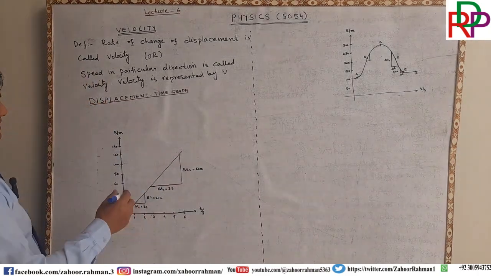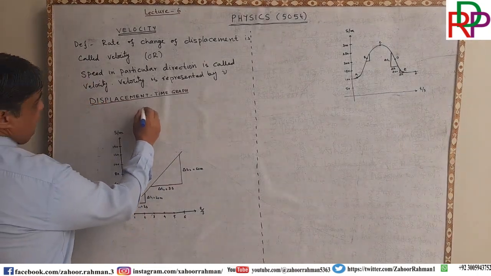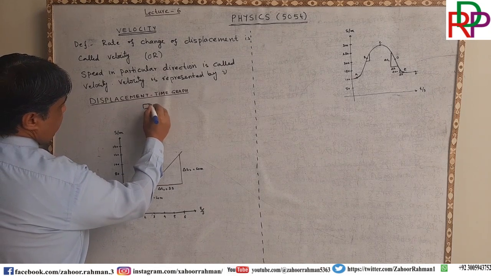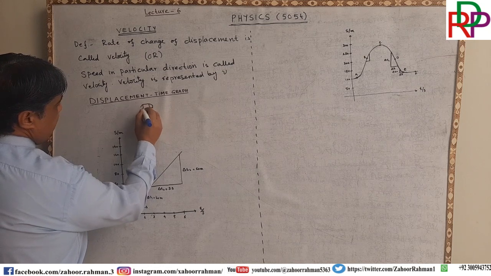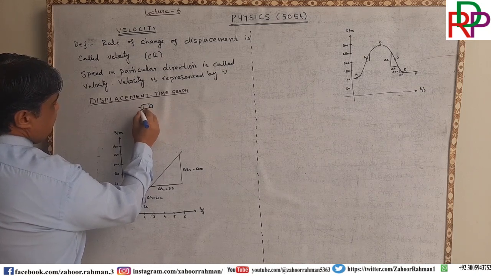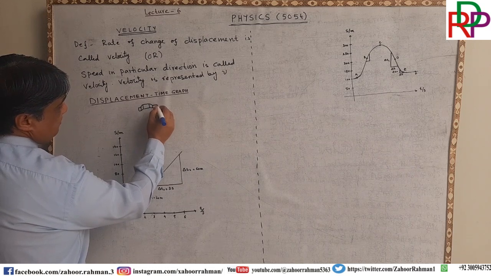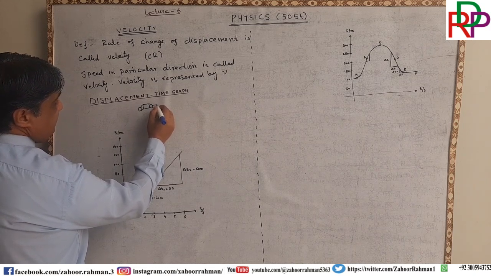In this case, there is a car starting from point O and moving in a straight line.